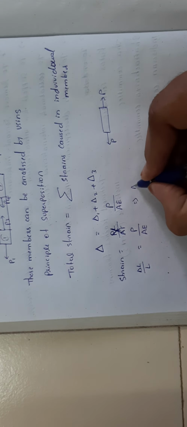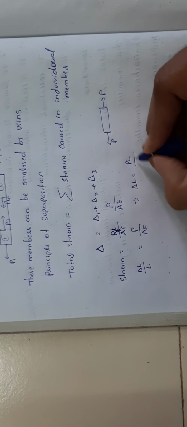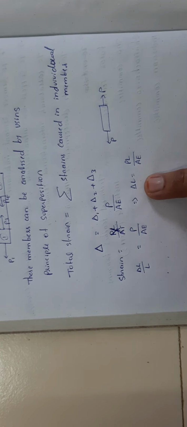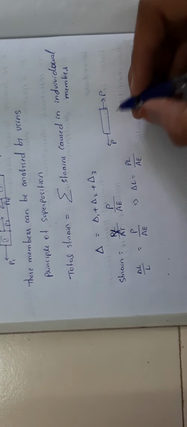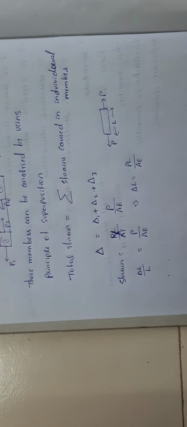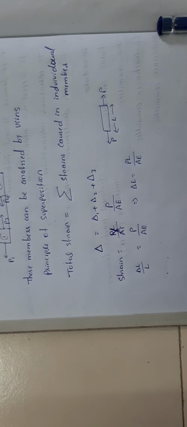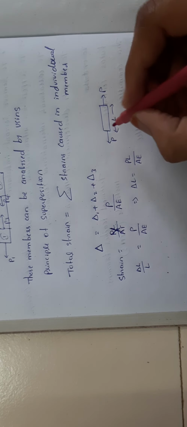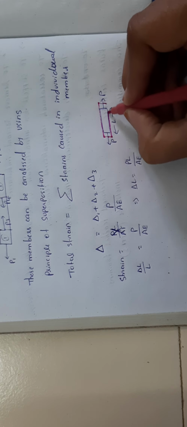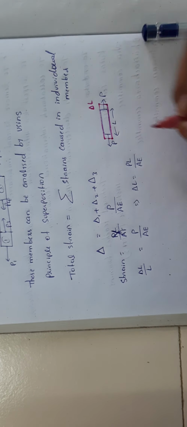So you can write delta L equal to PL by AE. This is the change in length in a bar subjected to a tensile load P. That change in length is shown here. So this is delta L.